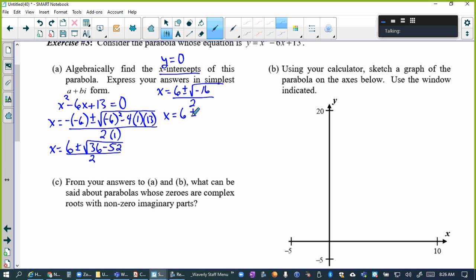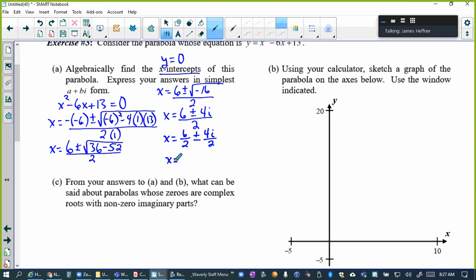The square root of 16 would be 4, and the square root of negative 1 is i. So it's just 4i, all over 2. Is it in a plus bi form yet, guys? No. So let's split it up: 6 over 2 plus or minus 4i over 2.